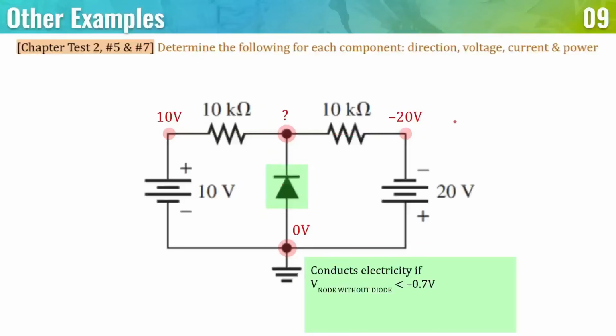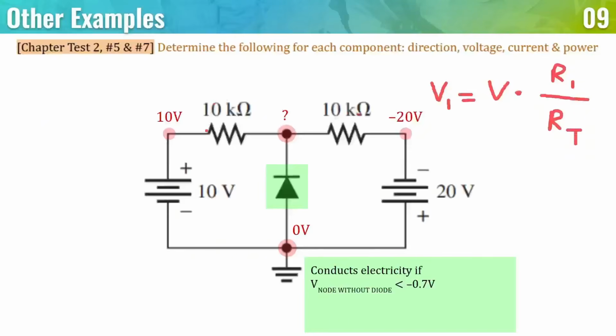So now we have the voltage divider theorem. So now we know that 10 volts is going to indicate the direction is going this way to the negative 20 volts, from higher to lower. So applying the voltage divider theorem, we know that the voltage is going to be equal to the voltage times R1 over R1 plus R2, or simply RT or R total.